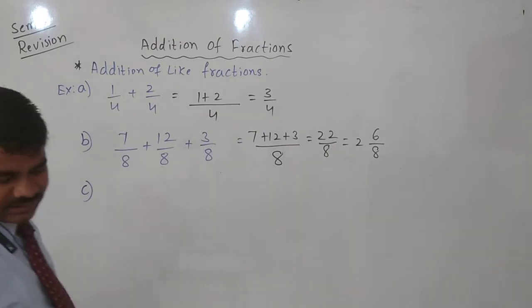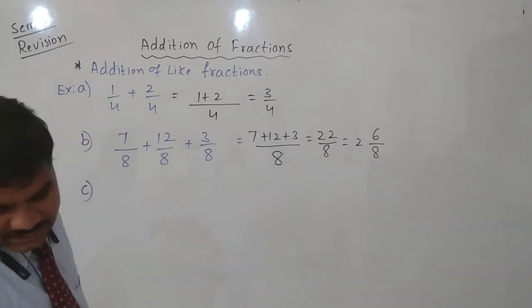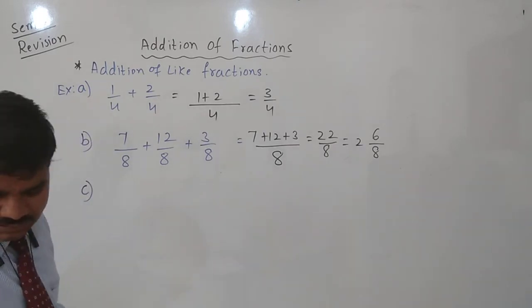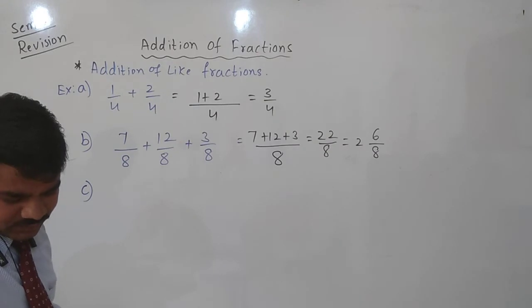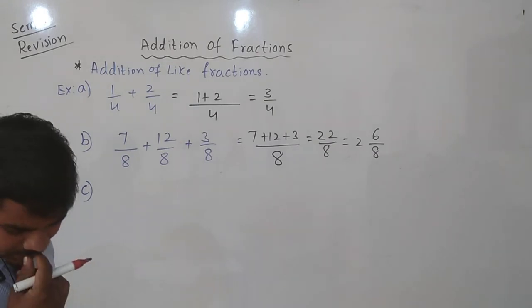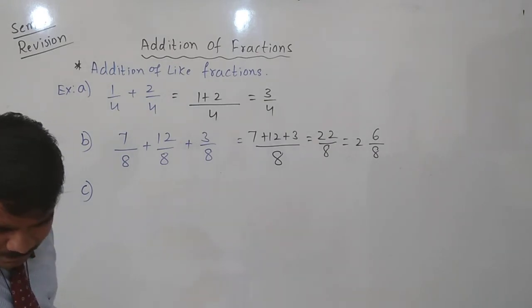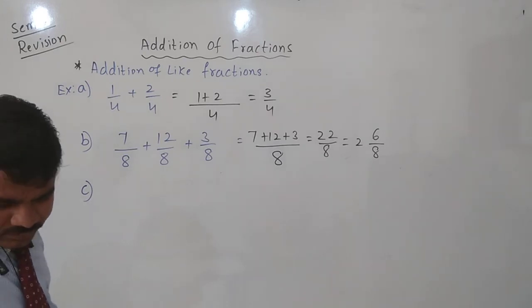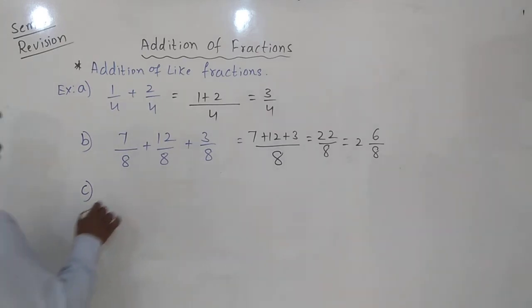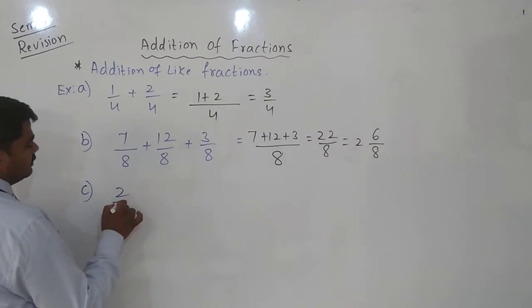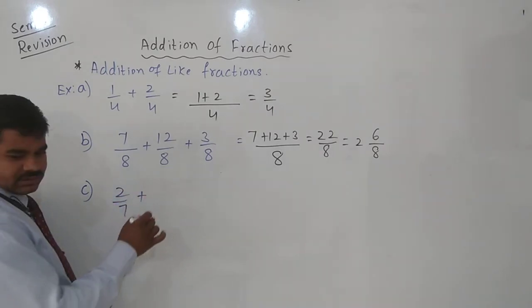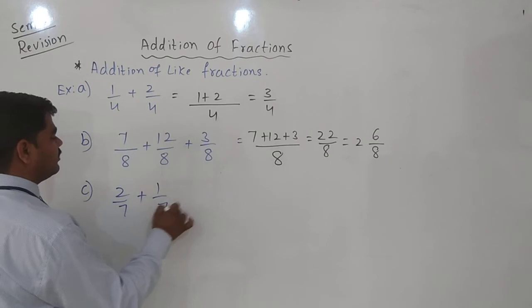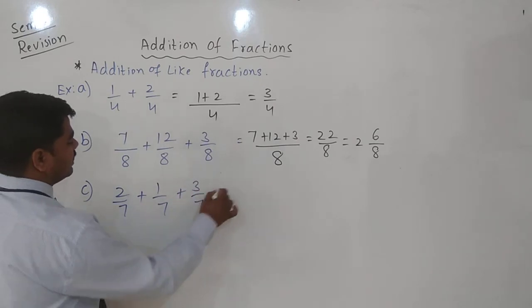Like fractions are given, and we should find the sum. 2 by 7 plus 1 by 7 plus 3 by 7.